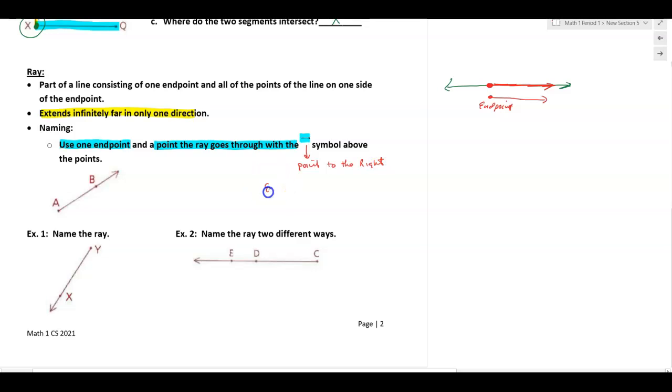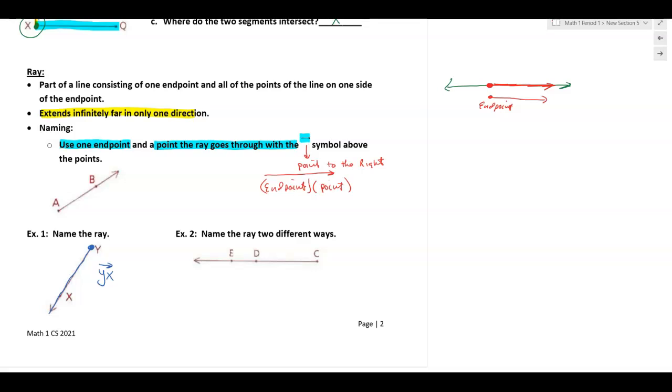You start with the endpoint. Then you use another point the ray goes through with this symbol pointing to the right. So when I look at example 1 and I want to name that ray, what point is my endpoint? Y is my endpoint. So I start with that. And what does this ray go through? It goes through point X, and I point the arrow to the right.